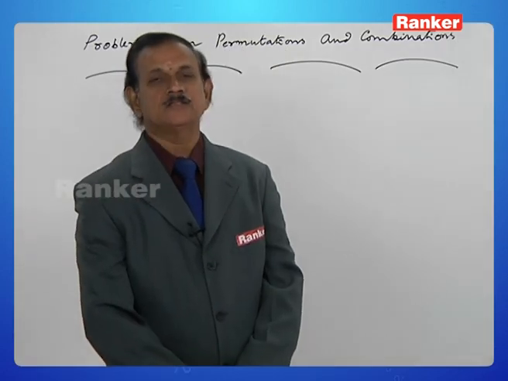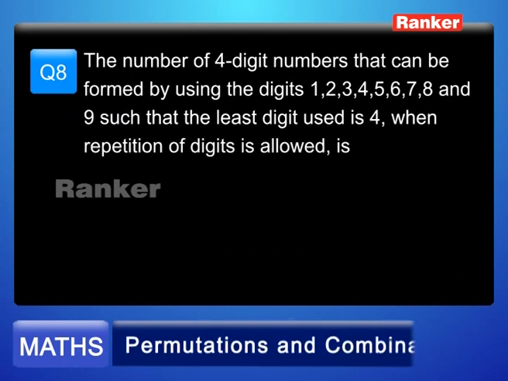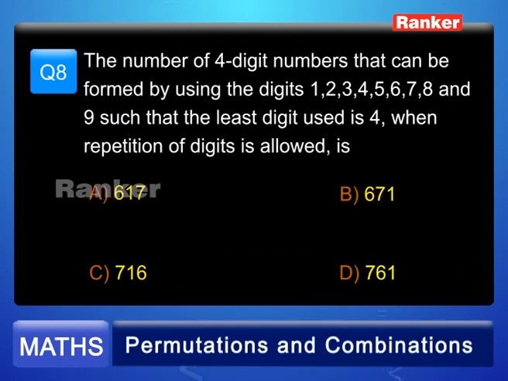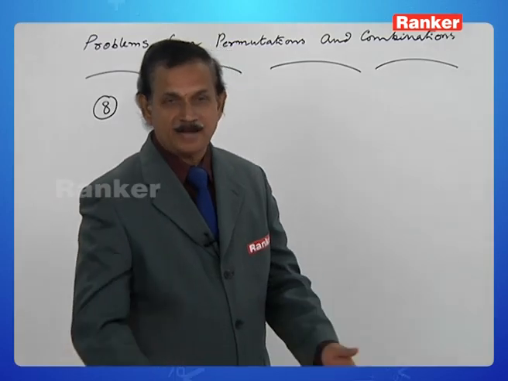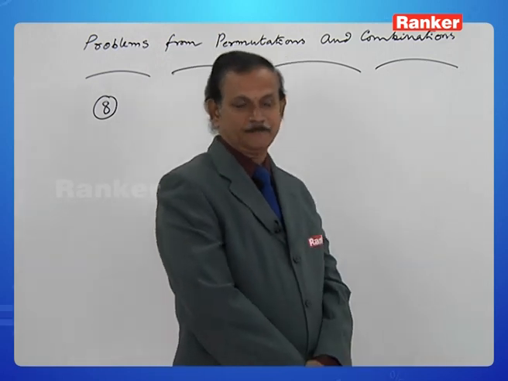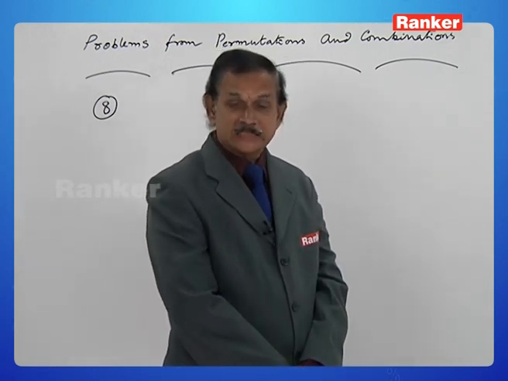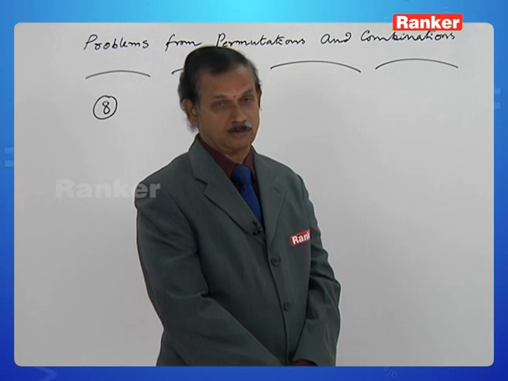The next question is question number 8. The number of 4-digit numbers that can be formed by using the digits 1, 2, 3, 4, 5, 6, 7, 8 and 9, such that the least digit used is 4 when repetition of digits is allowed. A peculiar type of condition has been put forth here. The least digit that must be used is 4.